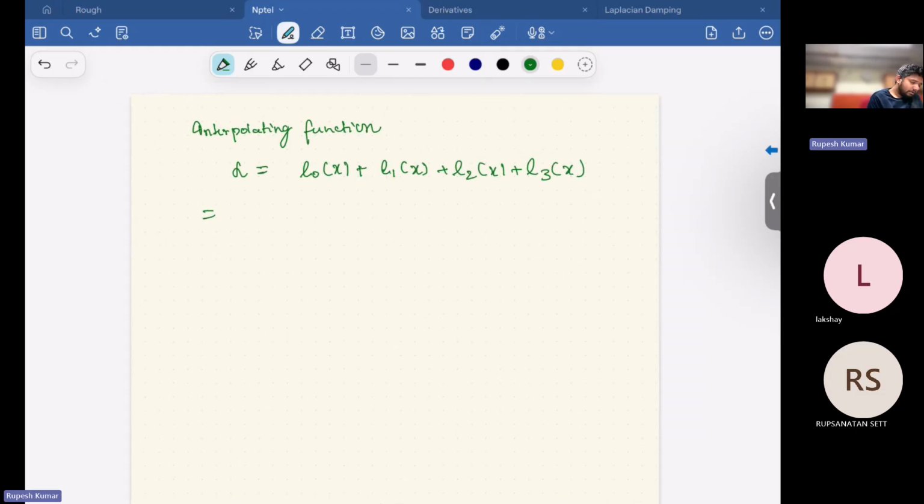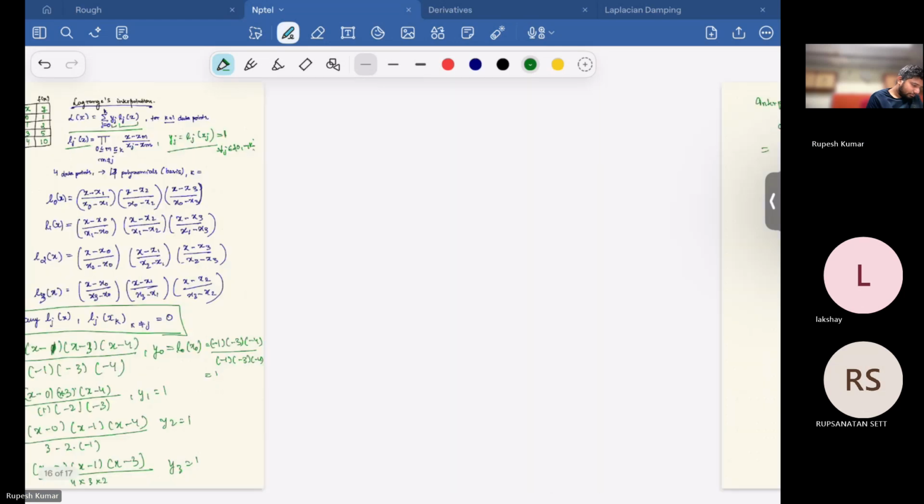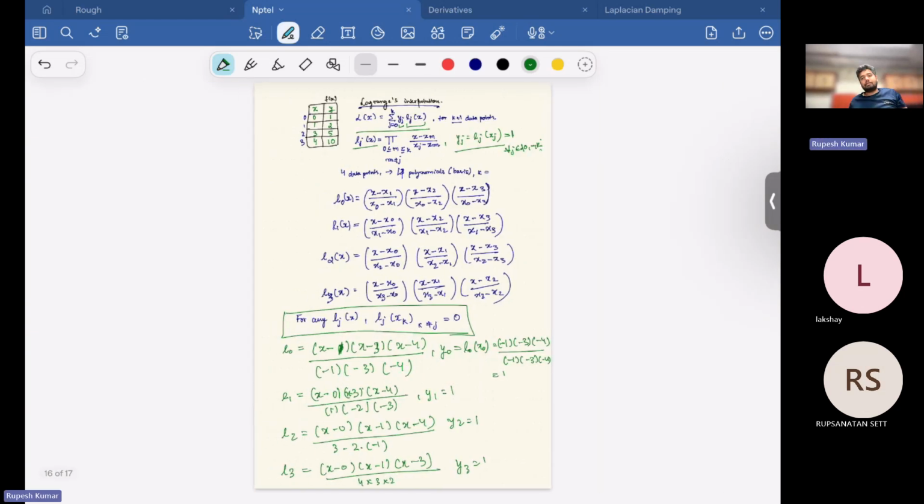Just add them up and you should get the same result as the one you obtained using the polynomial interpolation.